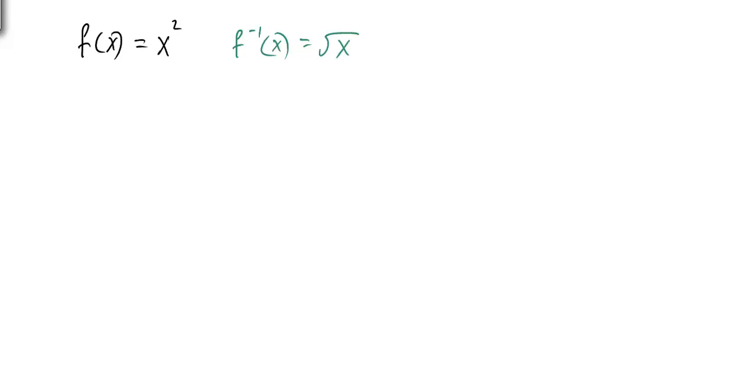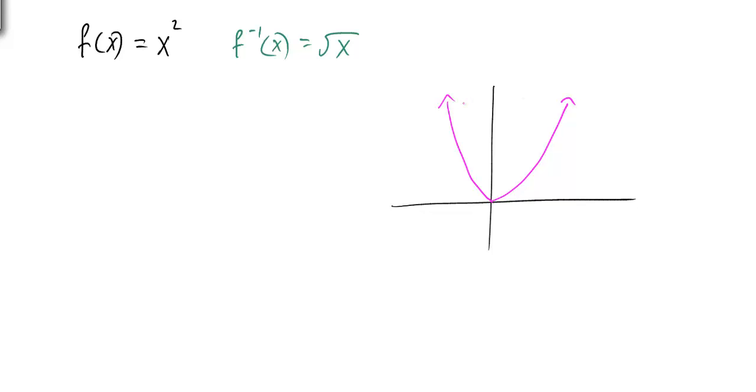Now, let's look at the graph of x squared first. Clearly, we're going to end up with this parabola that's opening up. Now, we know this is a function, but it's not a one-to-one function because it does not pass the horizontal line test.